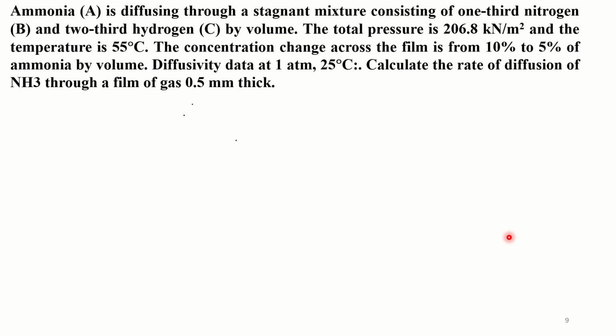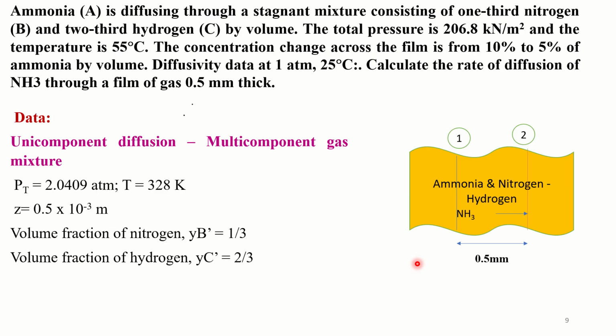Diffusivity data at 1 atmosphere and 25 degrees Celsius is given as 1.82 into 10 power minus 5 meter square per second. Calculate the rate of diffusion of ammonia through a film of gas 0.5 mm thick.